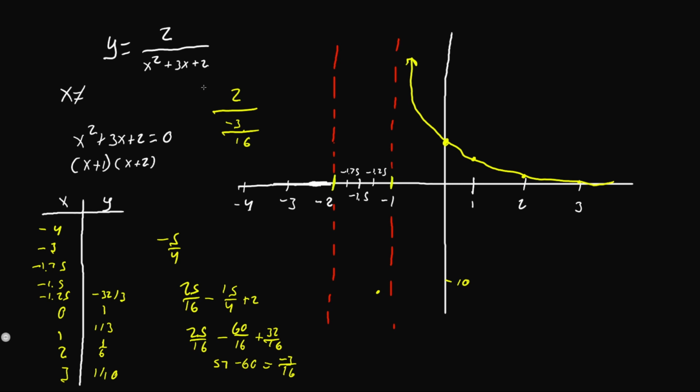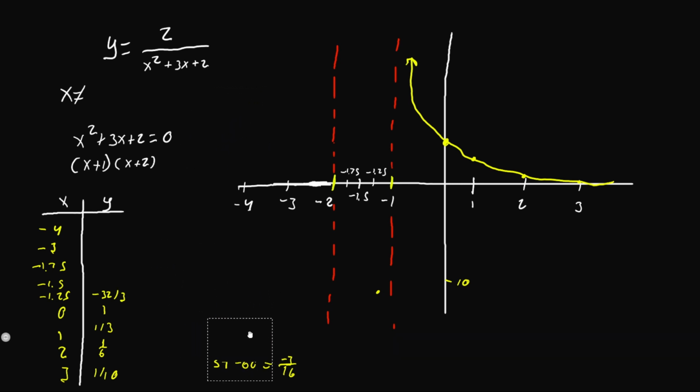And let's just erase all this now to make some space. So when x is equal to negative 3 over 2, we get 9 over 4 minus 9 over 2 plus 2, giving us 9 over 4 minus 18 over 4 plus 8 over 4. Thus, it is equal to negative 1/4.